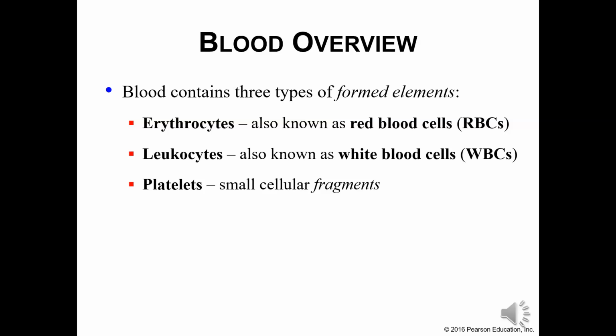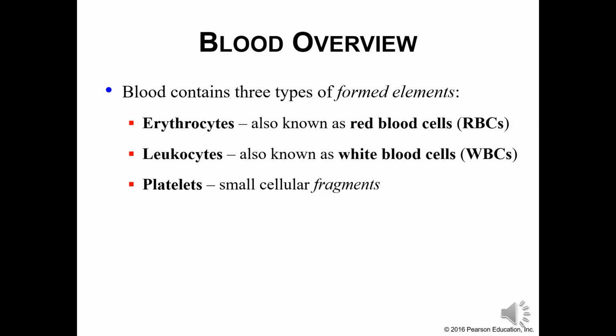Leukocytes are also called white blood cells. Like I said before, white blood cells are part of our immunodefensive mechanisms of the body. So they're very important in keeping us disease-free.